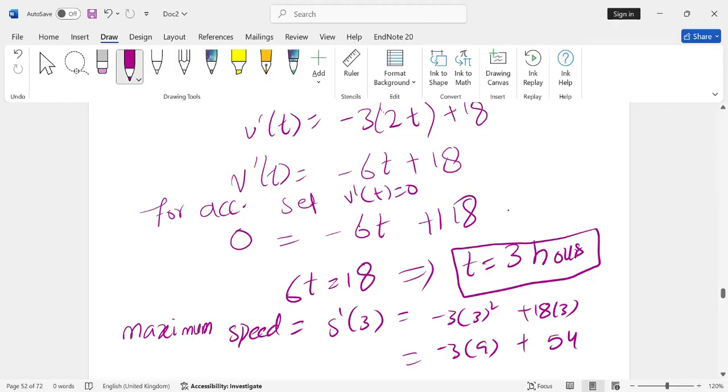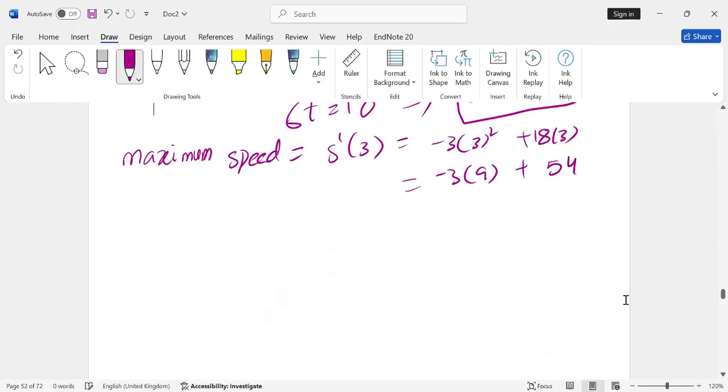Simplifying, 9 multiplied by 3 gives minus 27 plus 54, and we get the value 27.